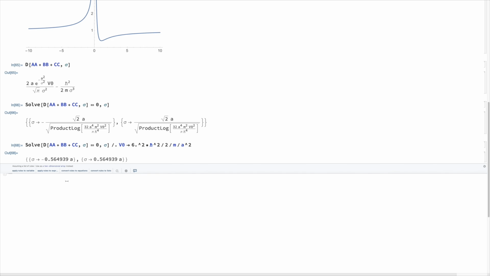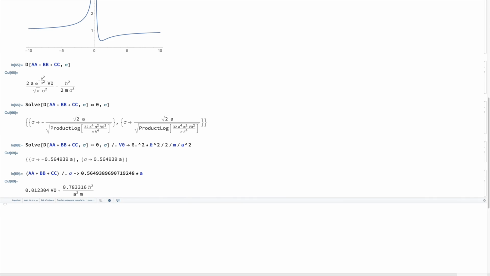So what we want to do now is ask: if I replace our energy, AA plus BB plus CC, with sigma going to this times A, do I get out something reasonable for the energy?